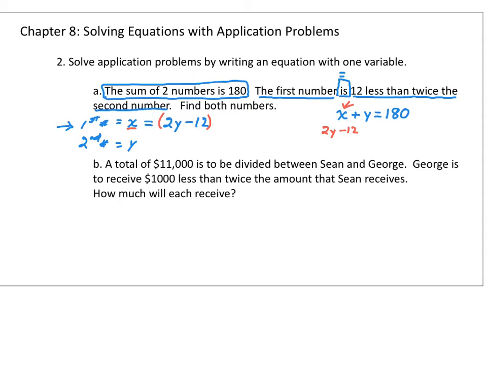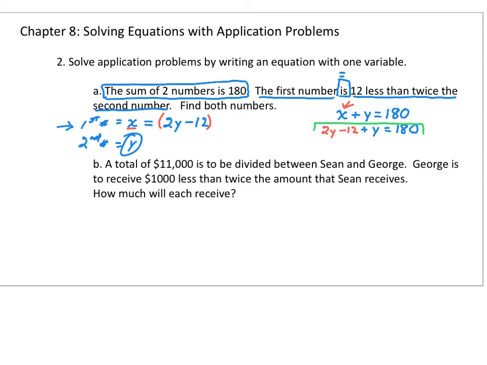Now, don't forget this part, we still have the y. We still have the rest of that equation, plus y equals 180. So we kind of just used substitution. This is the equation we're going to solve. That one right there.